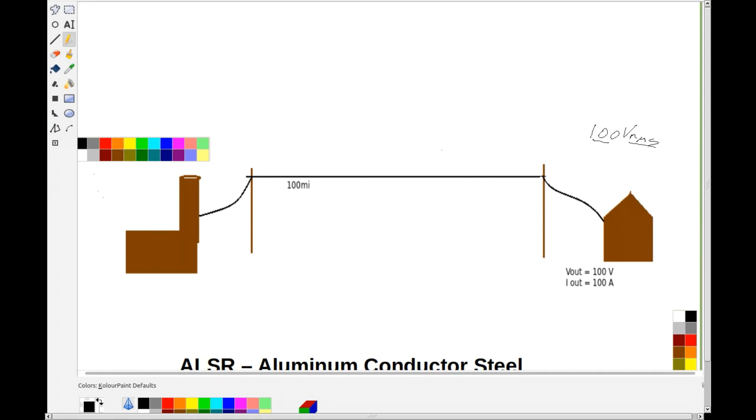And my breaker, assuming it tripped at its rated value of 100 amps, so if I was getting 100 volts and 100 amps into my house, the first question is, what is the resistance of my house?